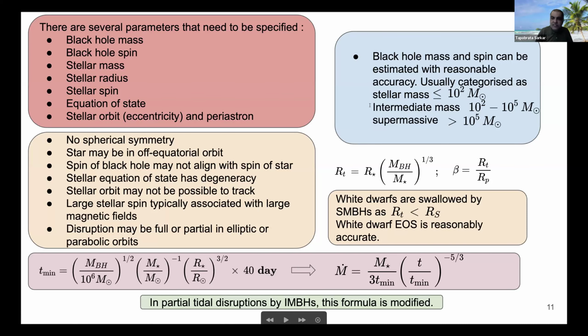So it is very interesting to understand what the tidal effects will be near intermediate mass black holes, which can serve as a smoking gun signature of these black holes, because you don't see them very often. Okay, now you have all these many parameters. But to complicate this process further come the following things. First of all, there is no spherical symmetry.